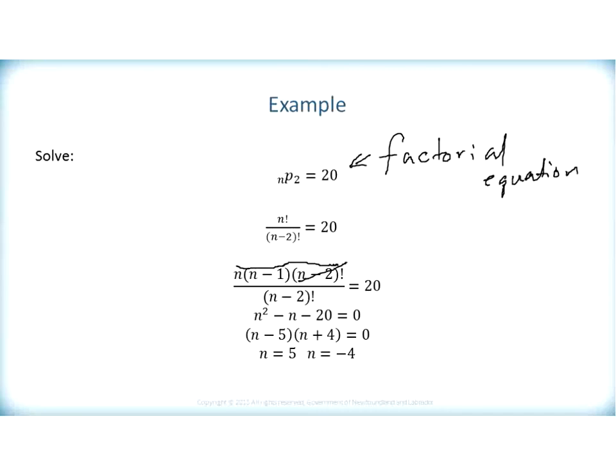We can then cross out common factors and move the 20 over so we can have one side of the equation equal to 0. We use factoring, and we see that n can equal 5 and n can equal negative 4. Yet when we substitute negative 4, we have negative 4 factorial, which we know is undefined. Therefore, we must reject this value.